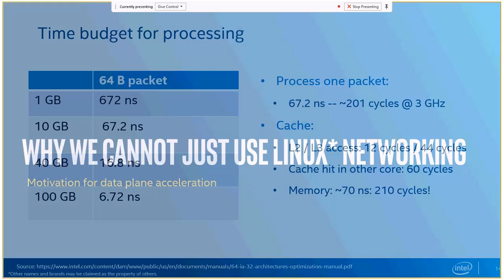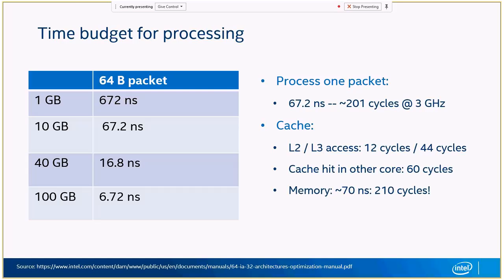I think in the previous presentation we talked about the requirements for packet processing for virtual network functions, right? To sustain a 10 Gbps throughput on a 10 gigabit link, you get roughly 67 nanoseconds to process each packet, which leads to around 201 cycles on a 3 gigahertz CPU.